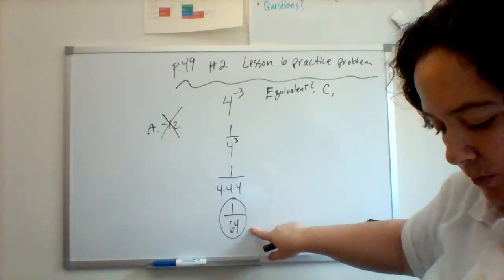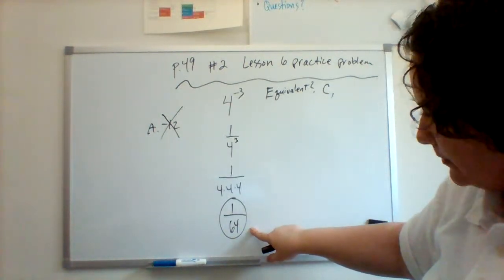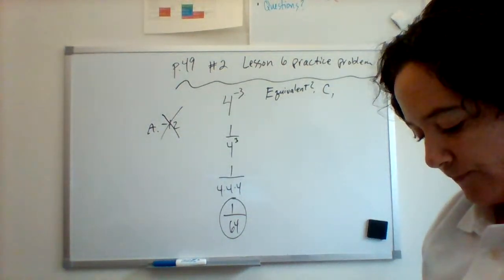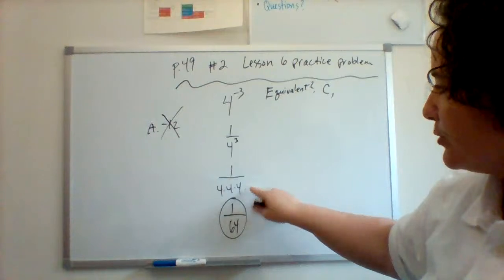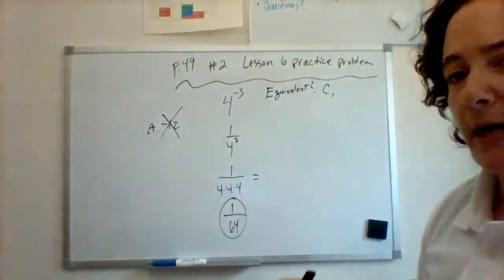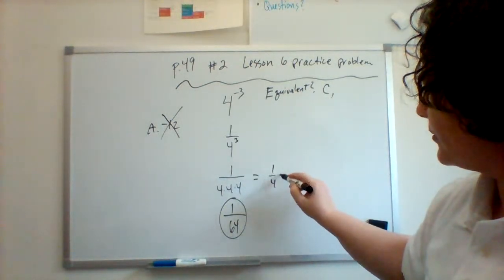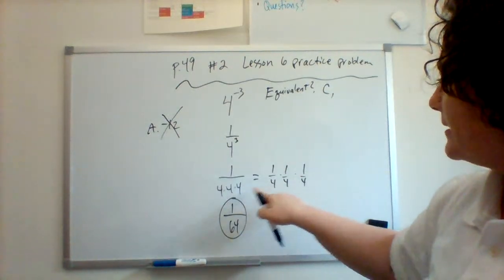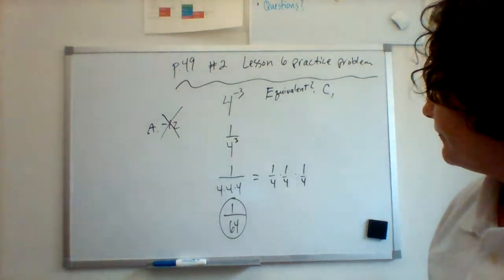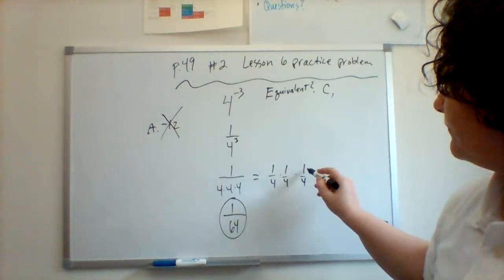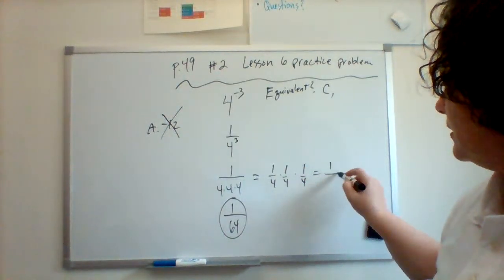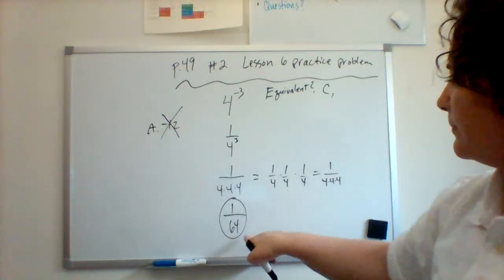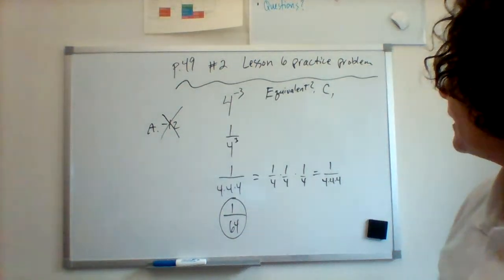Is there one that says 1/64? No, but there's one that's very close. I'm wondering if you could see it. This one, you can rewrite it as 1/4 times 1/4 times 1/4 because that is the same thing as that. 1 times 1 times 1 is 1. 4 times 4 times 4 can be written expanded, or it can be written simplified.